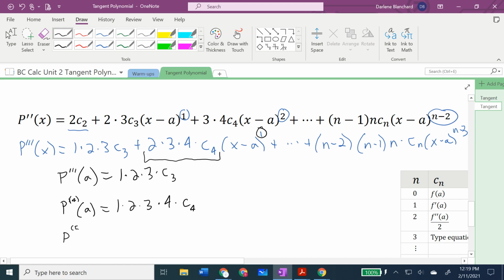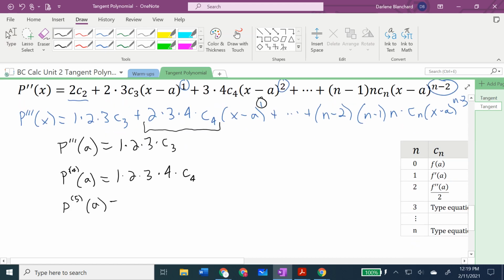And what does that mean the fifth derivative is going to be? And the nth derivative. Now, let's remember that each of these must be equal to the same derivative order of f at a.